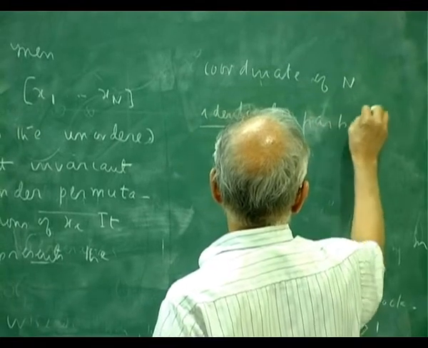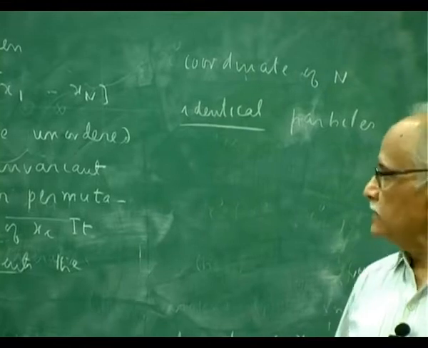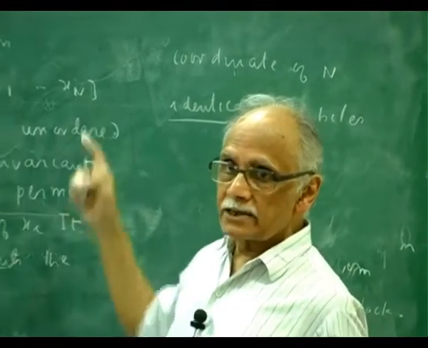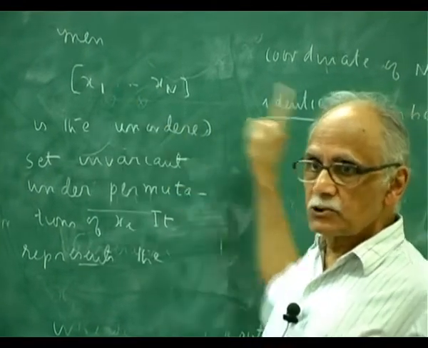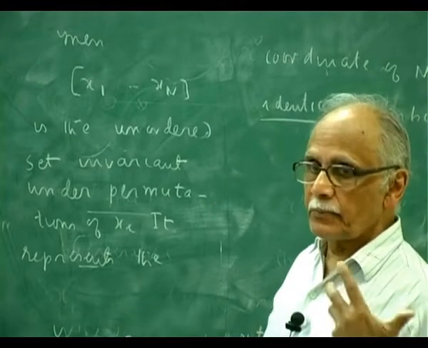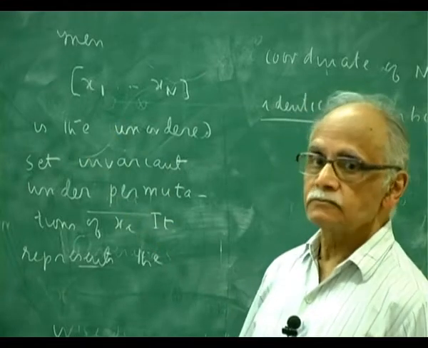The fact that they are identical is in the statement that I cannot say particle 1 is at position x2 and particle 2 is at position x1. So it is unordered, it is n points from Rm of cardinality n.